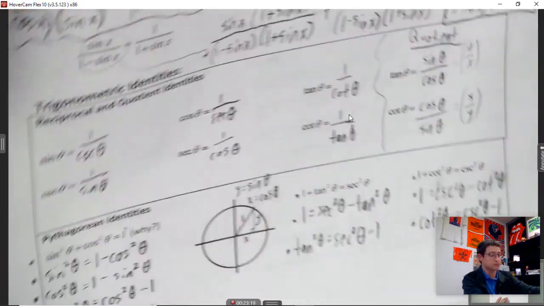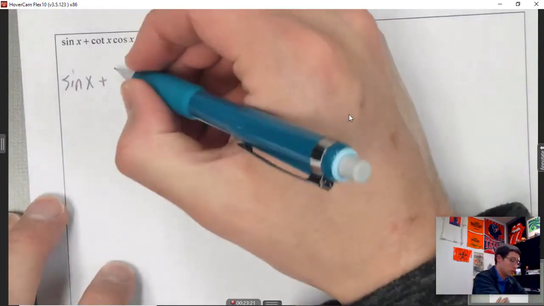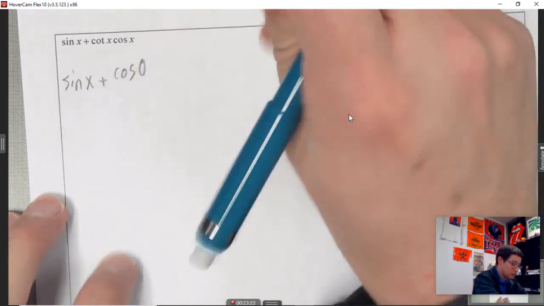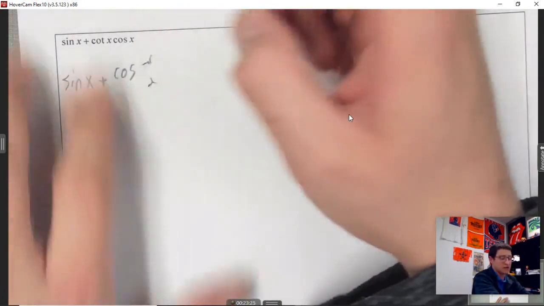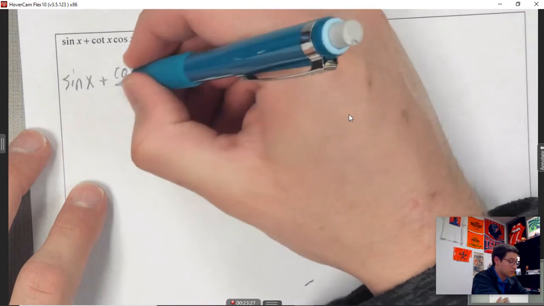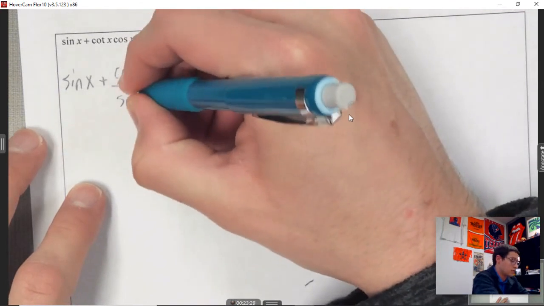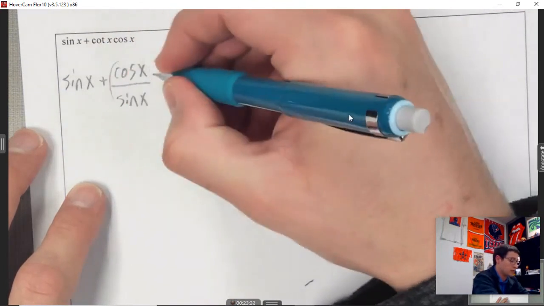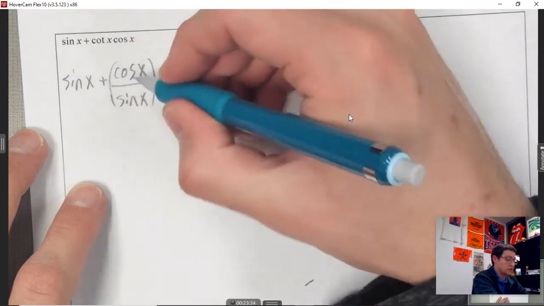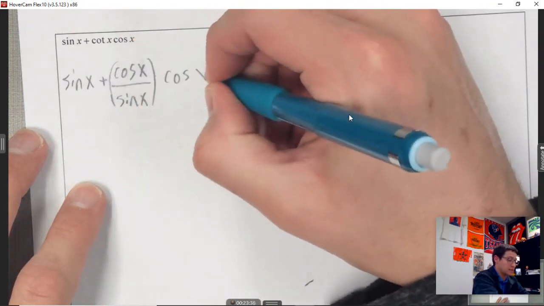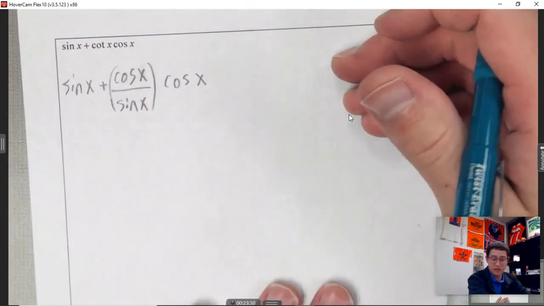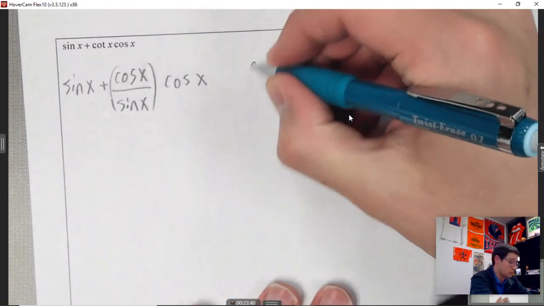So cosine over sine. We're working with x. Sometimes you do theta, sometimes you do x. But cosine over sine. Okay, we got this. So we replaced cotangent with that, and then we've got times cosine x. All we did is use the quotient identities.